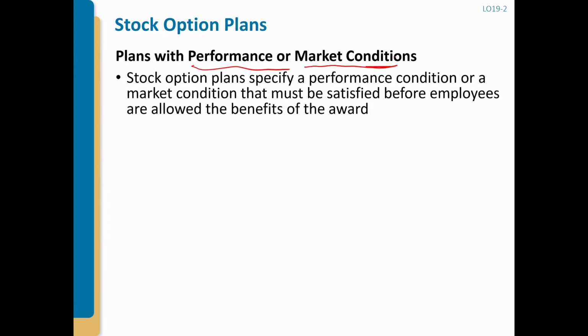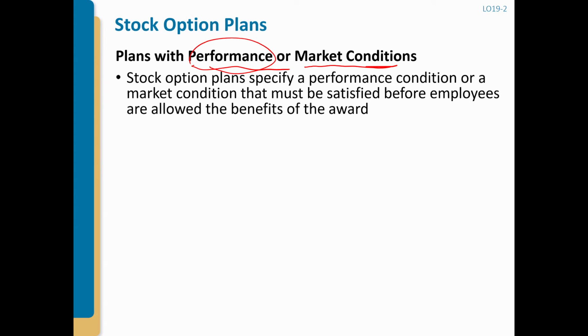An example of a performance condition is, for example, the CEO, CFO have a condition to receive those stock options, like our total sales reaching $1 billion. If our total sales revenue reaches $1 billion, then they're going to receive those stock options. That's what we call a performance condition.